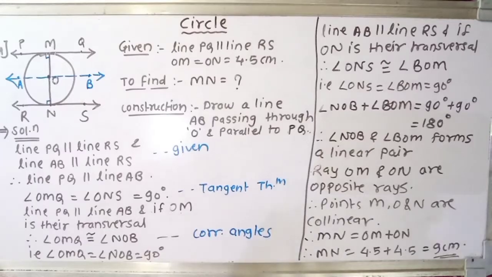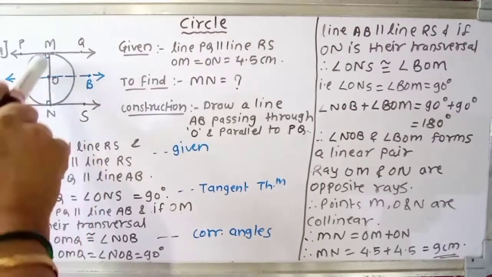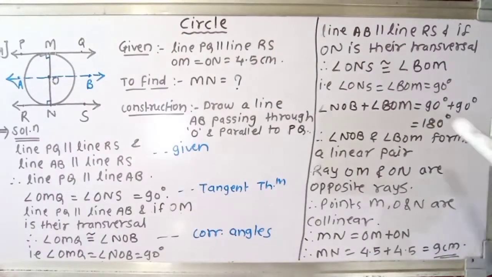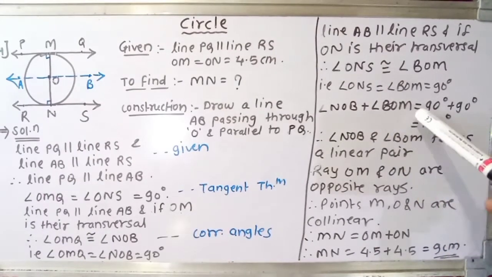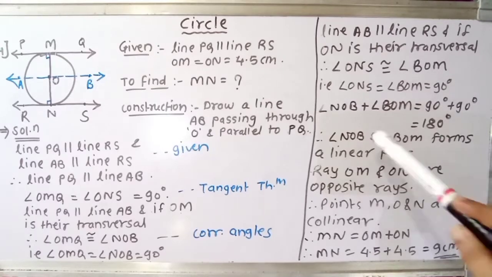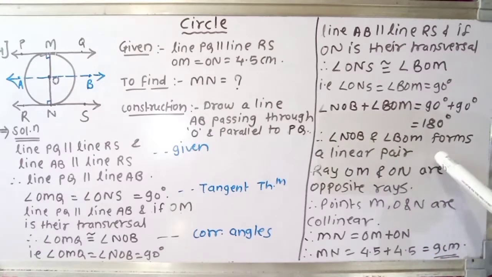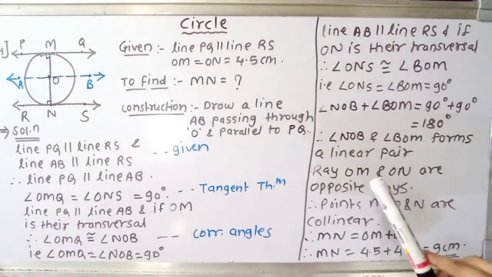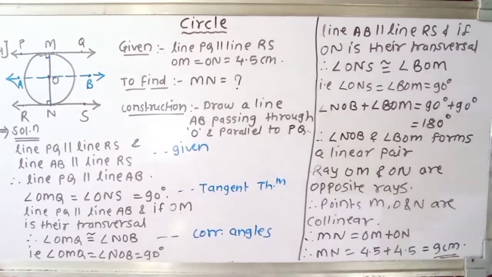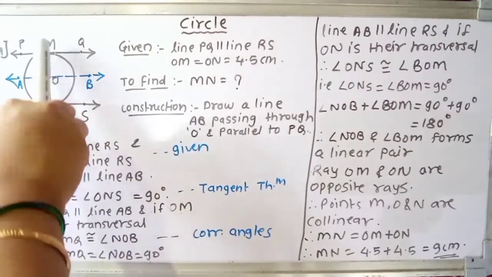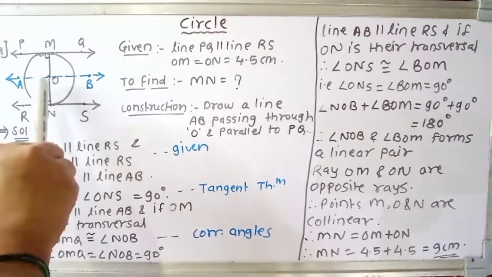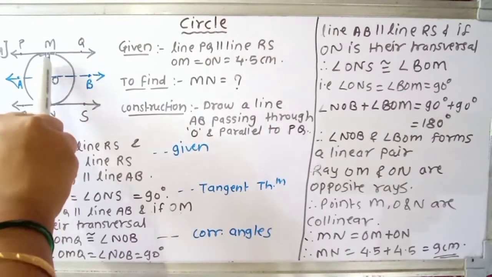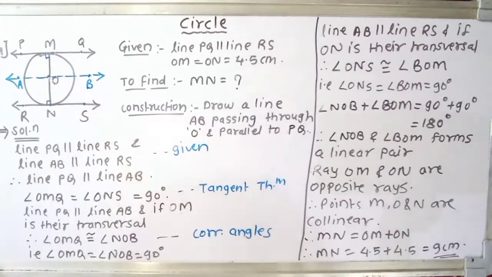Now if I add angle NOB and angle BOM, what will I get? Angle NOB plus angle BOM is equal to 90 degrees plus 90 degrees, which is 180 degrees. So therefore angle NOB and angle BOM form a linear pair. Now rays OM and ON are opposite rays. They start from the same point but the direction is opposite.